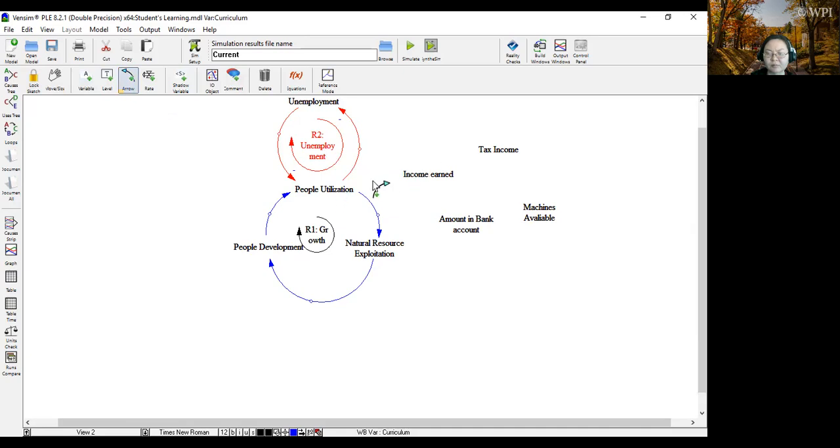So people utilization increases income and increases tax income. Tax income increases machines available. Income also increases amount in bank account. Now, machines available increase natural resources exploitation.